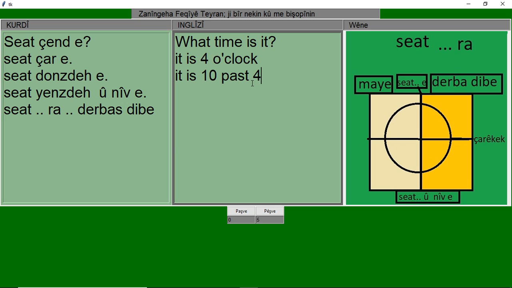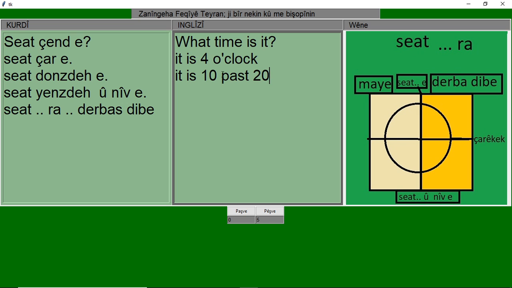So what does it mean? 10 past 4. Okay, it means like when I say 10 past, it is 10 past 10. Let's say 10 past 20.